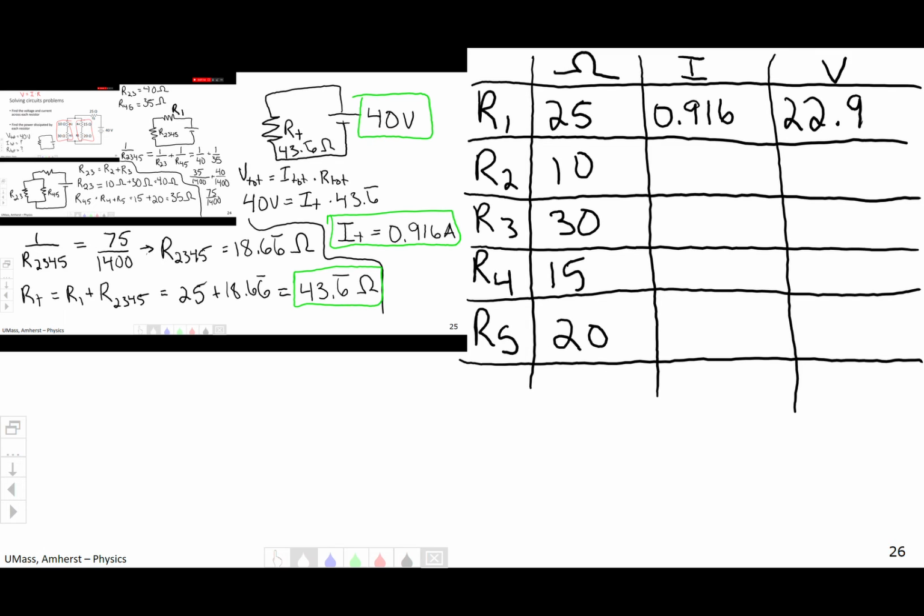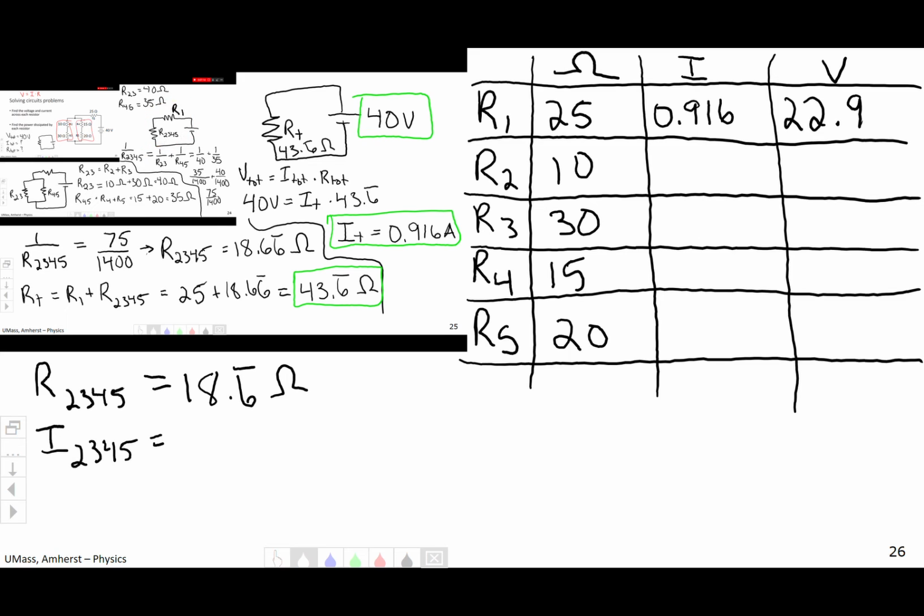Well, we know that R2,3,4,5 is 18.6 repeating ohms. And now we know that R2,3,4,5 receives, we can call this I2,3,4,5. Since it is in series with R1, R2,3,4,5 receives the same current.